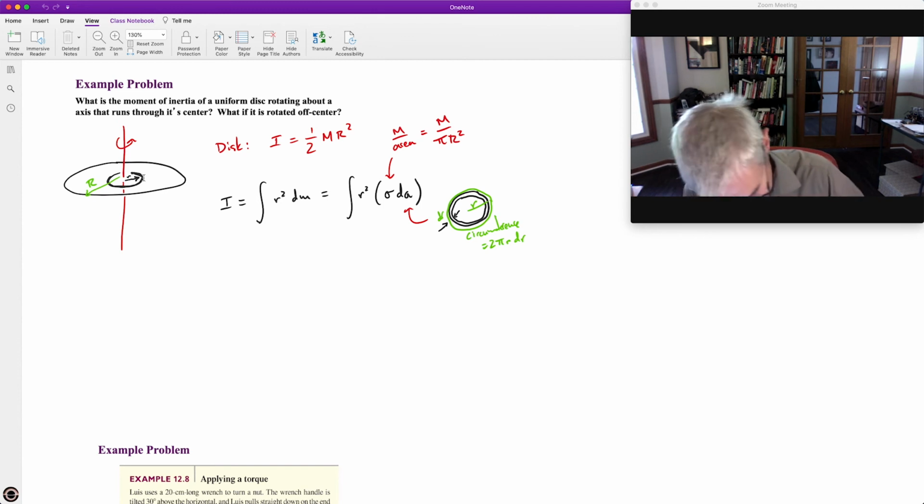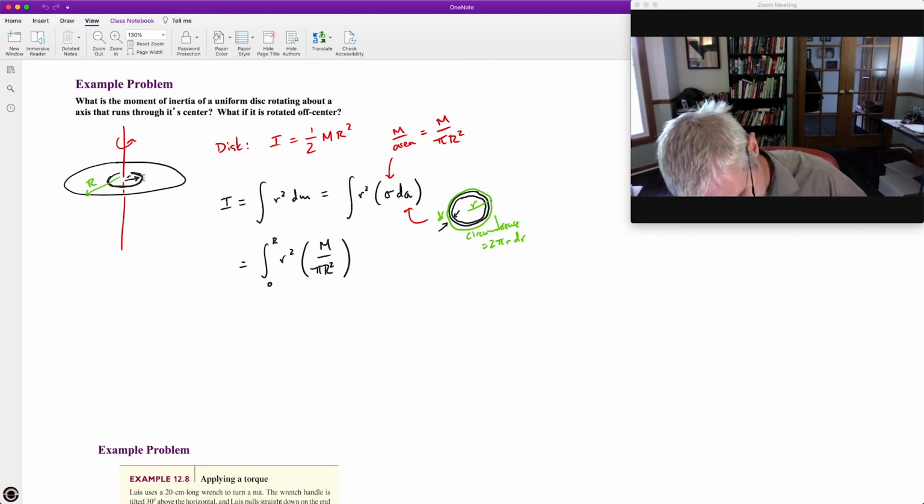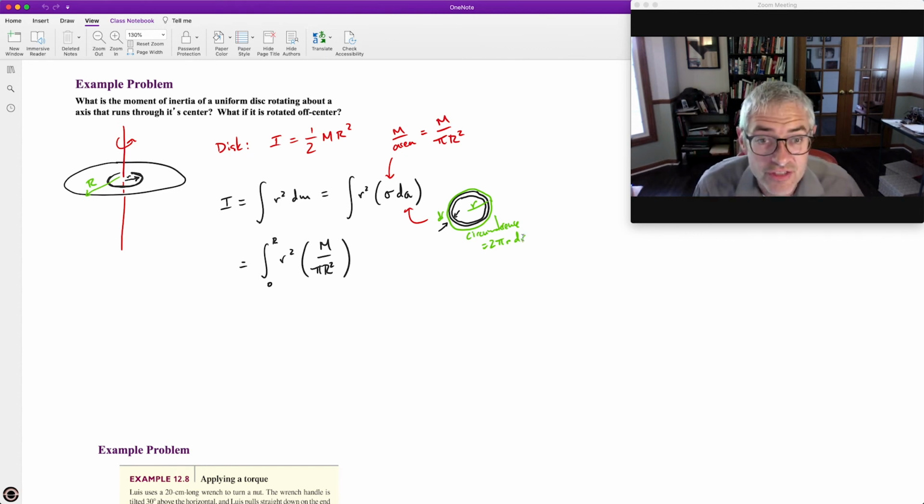All right, so I can plug that in. My integral, I go from 0 out to big R of my disk. Then I go r squared. Sigma is the mass over pi r squared times dA, which is, oops, let me be careful about this. I wrote the circumference. I shouldn't have put the dr right there. That's my dA.